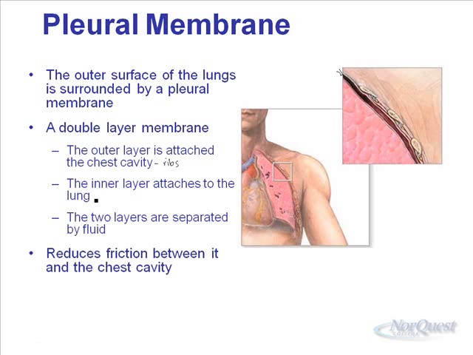Inside of our chest cavity, we have 2 things that are moving all the time. We have our lungs and we have our heart. If we don't reduce the friction when those things are moving, then they're literally going to wear away their outside surface. If you think about car tires or bike tires, those things always need to be replaced because they're running on the road, and we need friction there to keep us sticking to the road, and it actually wears away part of the tire.